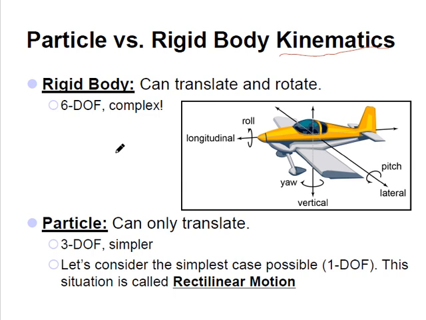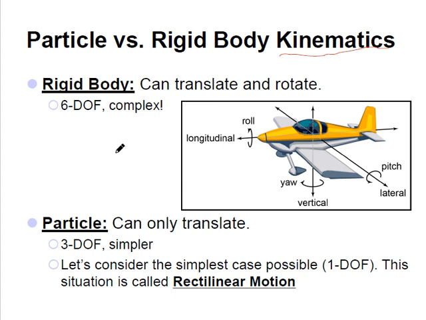We're going to use another word, okay? Types of movement. Not just move, but how does it move? So rigid bodies, particularly, they translate and they rotate, okay?